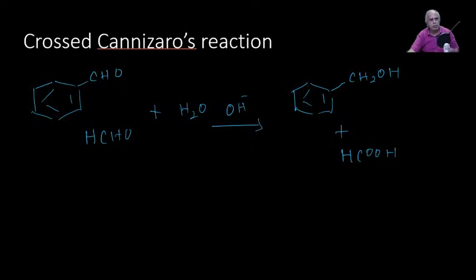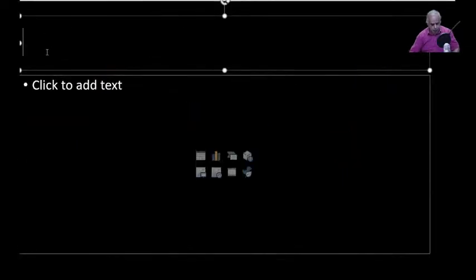Now let me ask you one simple question. How can you get benzyl alcohol using Grignard reagent? Can anyone tell me? Please draw and send the snapshot.